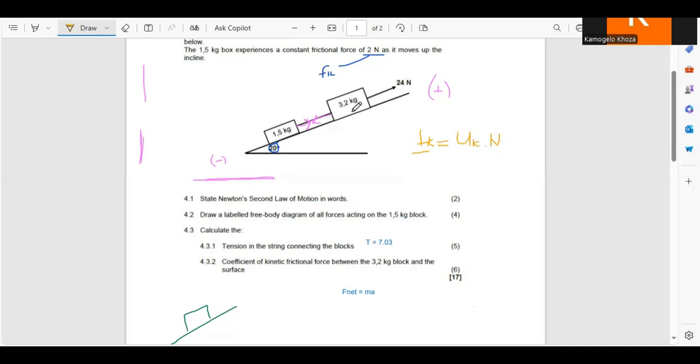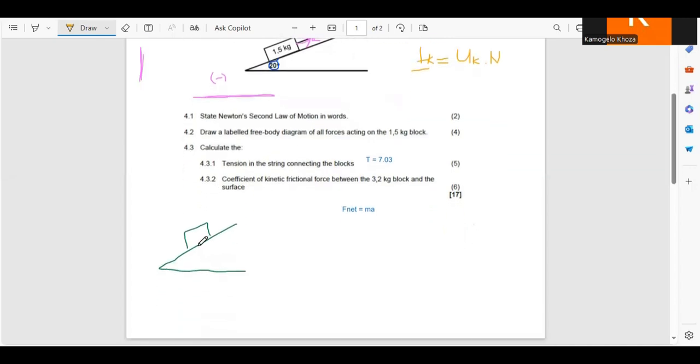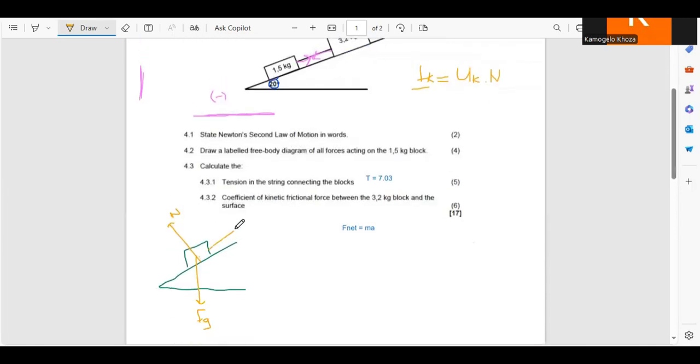Before we can go about doing all of that, first let us start by drawing a force diagram. Drawing my force diagram, this is going to be my Fg, my gravitational force, and because this is on a surface, it would have normal force. Now, was there any force applied? Yes, there was a force applied of 24 newtons.